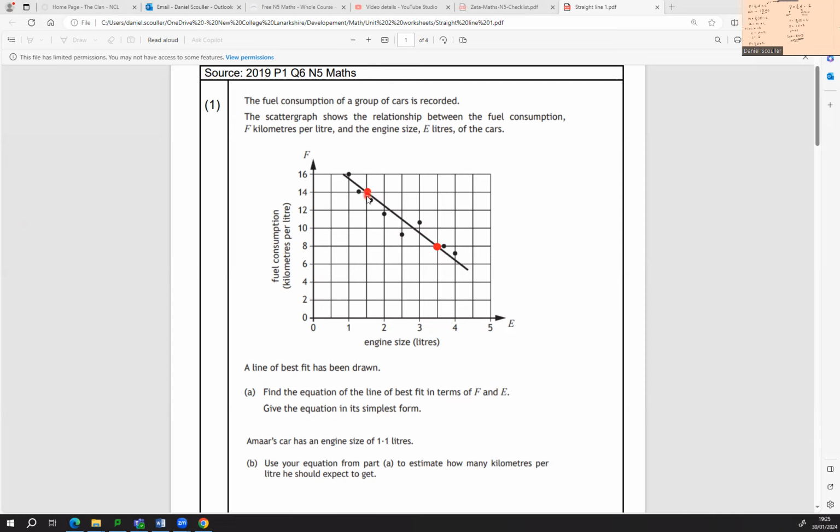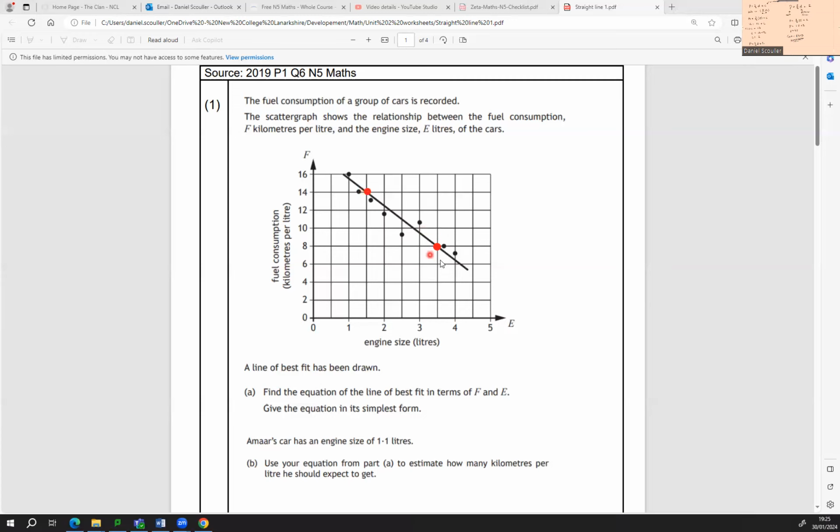Reading off the graph, the coordinate will be 1.5, and my y coordinate for that is 14. So it'll be 1.5, 14. That's my first point, my x1, y1.